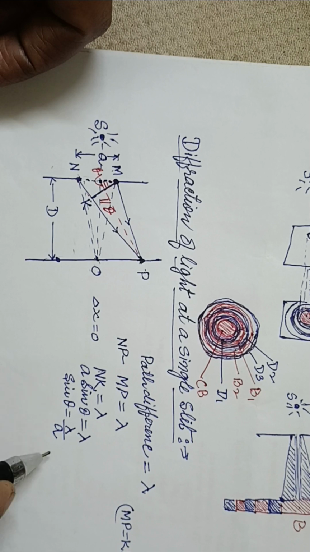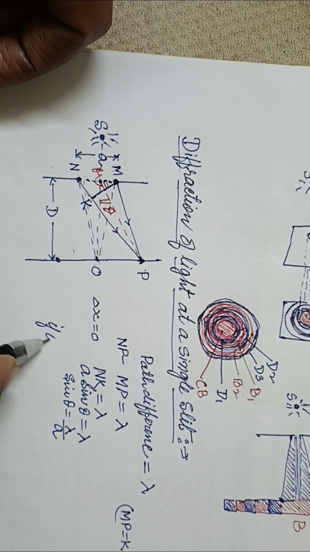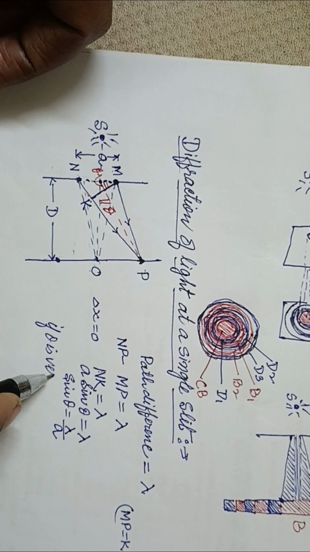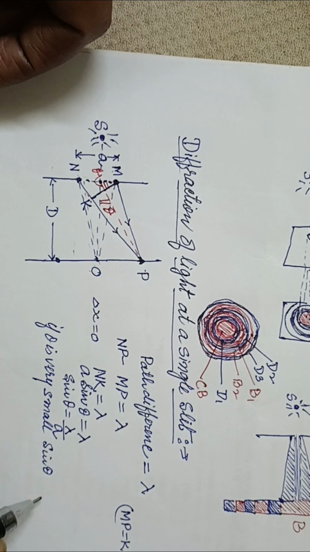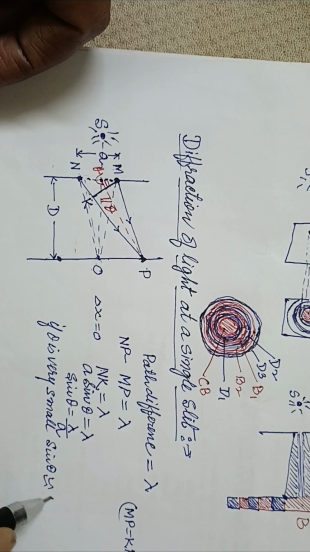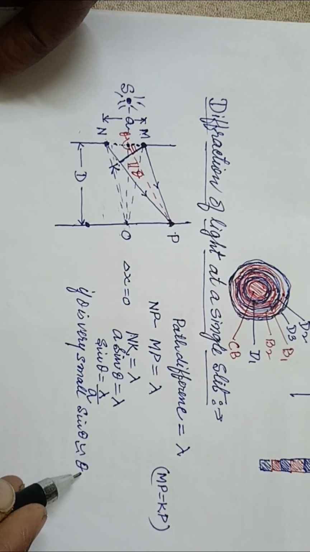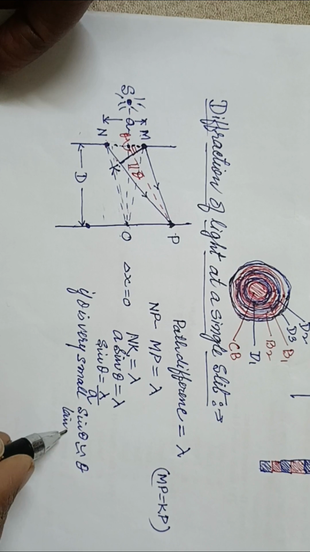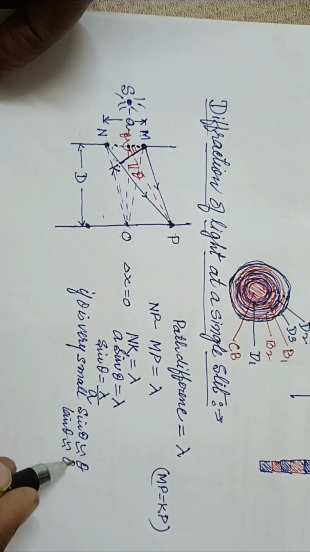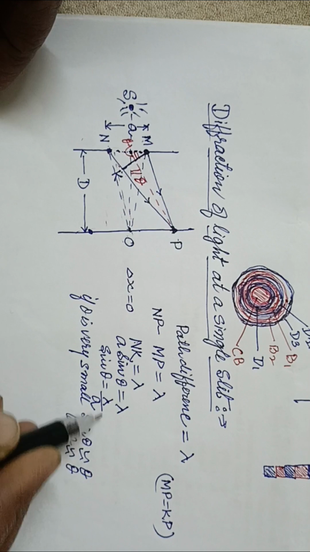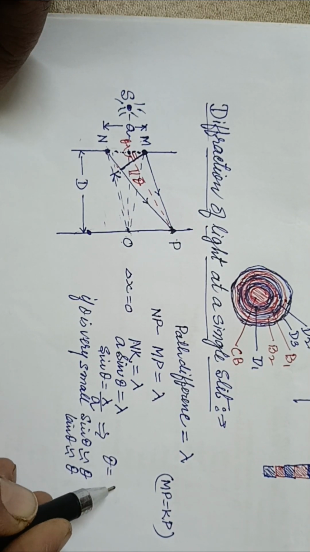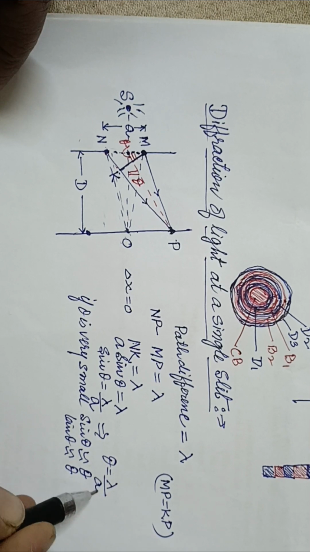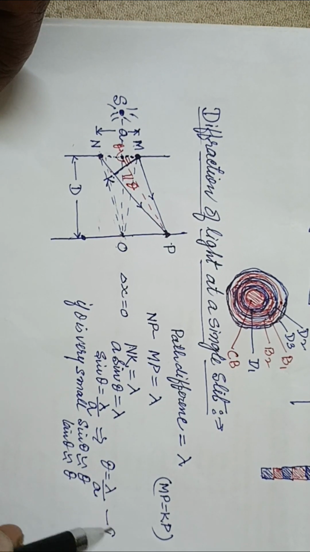If the angle theta is very small, then sine theta will be very near to theta, or similarly tan theta will be very near to theta. So I can write theta is equal to lambda upon a, that we can take.